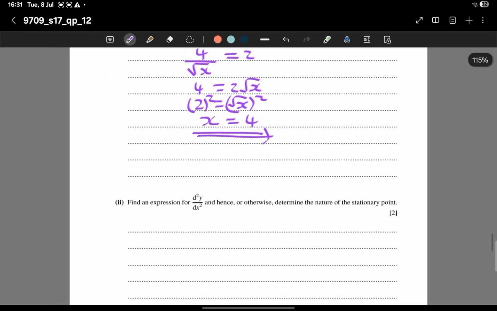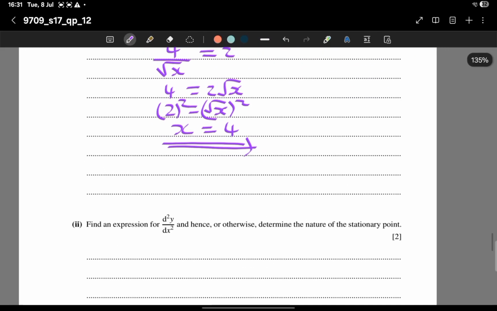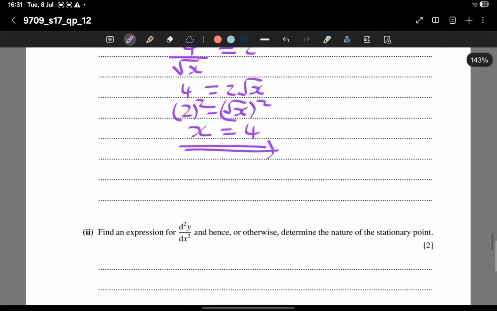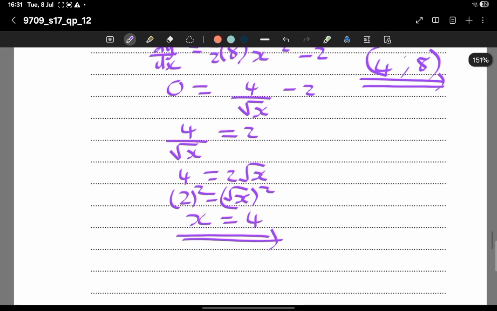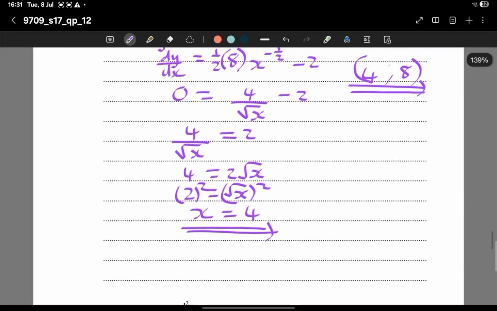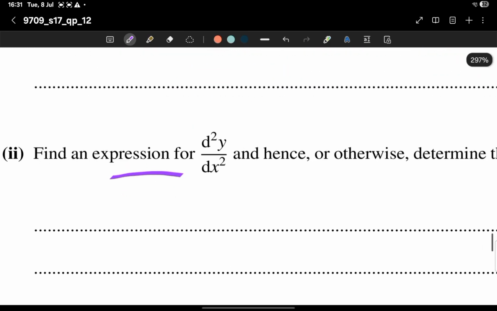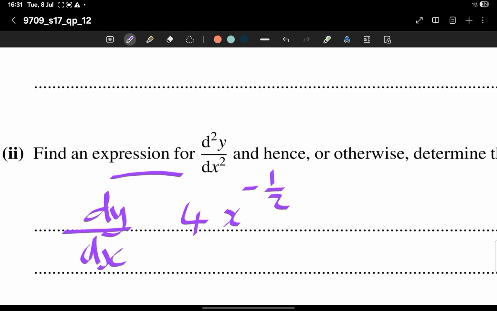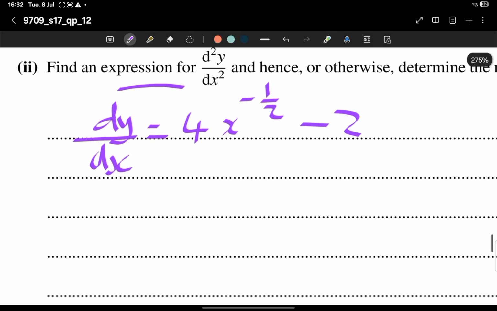Moving on to 9 part 2, it says find an expression for the second derivative and hence or otherwise determine the nature of the stationary point, right? We know the first derivative is 4x to the power minus half, minus 2, right?